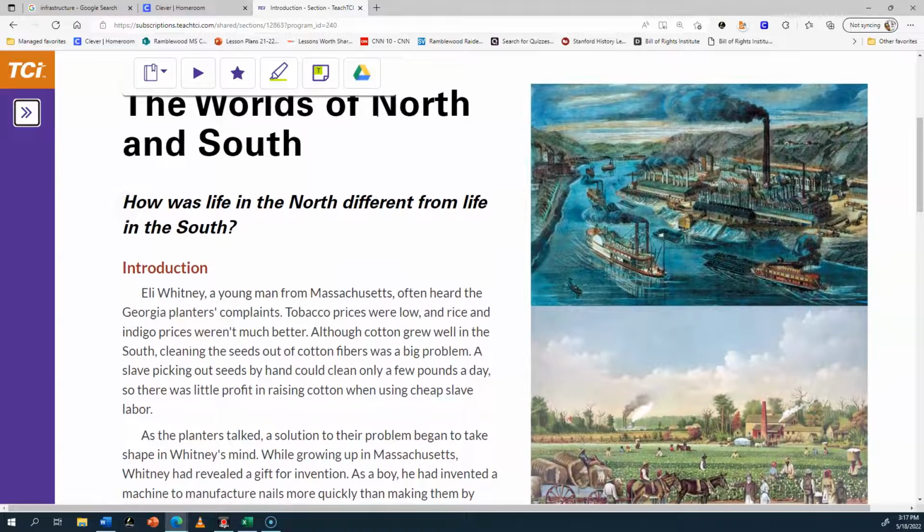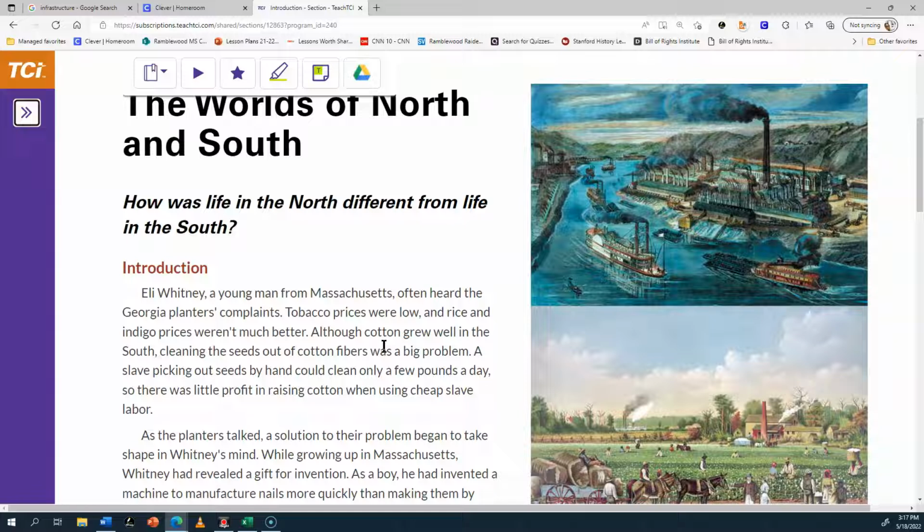All right? We talked about the cotton gin. Okay, what does the cotton gin do? Good, it takes out the seeds of the cotton. But keep going.